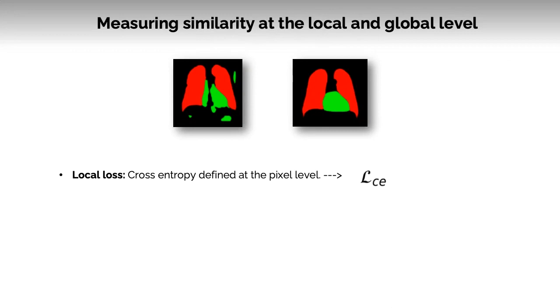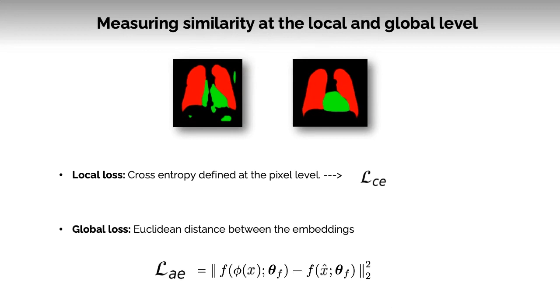And as I was telling you, usually if I train a network to perform image segmentation, I will have this kind of pixel level measure that can be cross entropy, dice, whatever function we usually use for segmentation problems. But I will also, and this is the idea that we propose here, add a second term in the loss function.